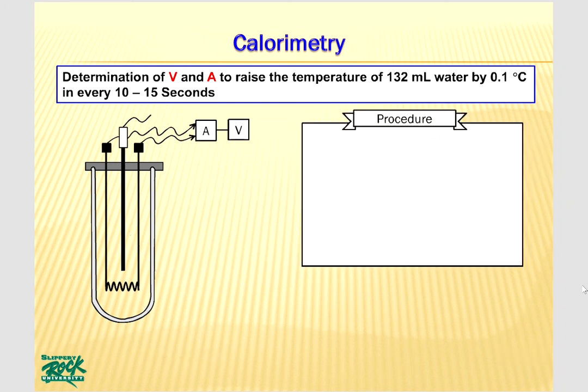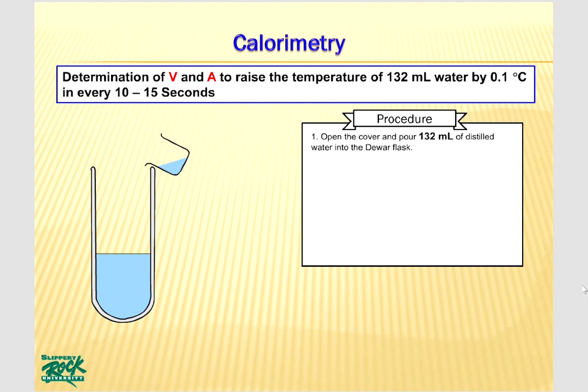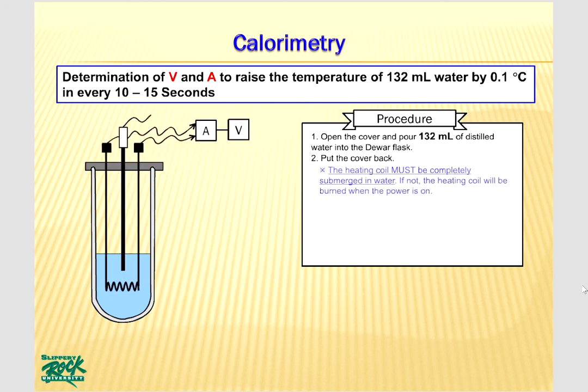Open the cover of the calorimeter and add 132 milliliters of distilled water into the dual flask. Put the cover back. Please keep in mind that the heating coil must be completely submerged in water. If not, the heating coil will be burnt when the power is on.